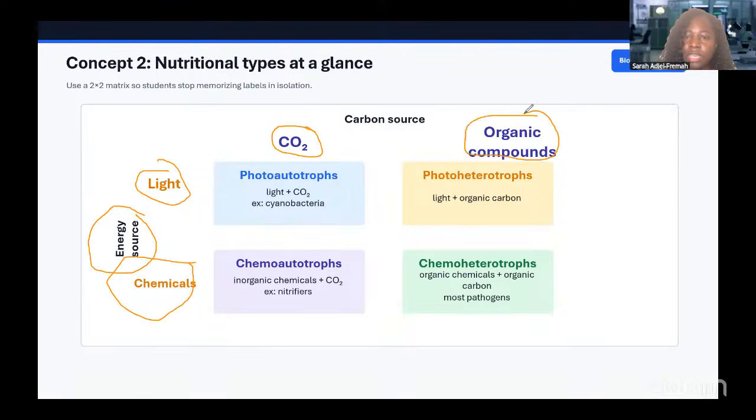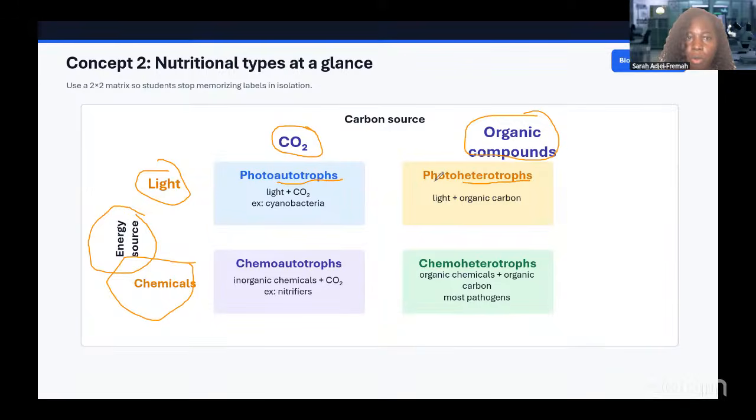So please, for these key terms, pay attention to how the terms might be considering two nutritional factors at the same time. So you already know autotroph has to do with carbon dioxide, and you already know that heterotroph has to do with organic carbon source.